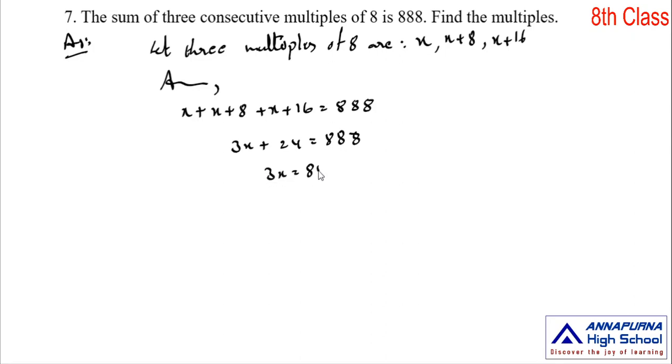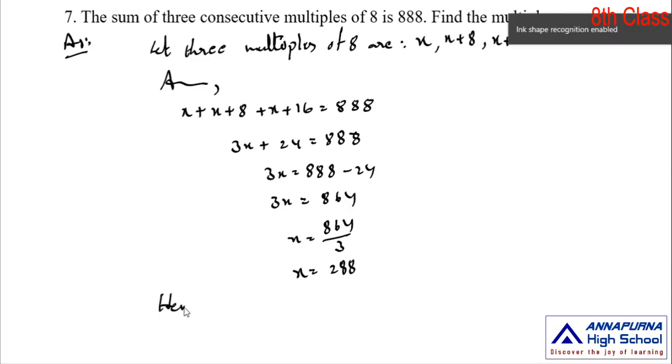3x is equal to 888 minus 24. How much? 864. x is equal to 864 by 3, which is equal to 288.